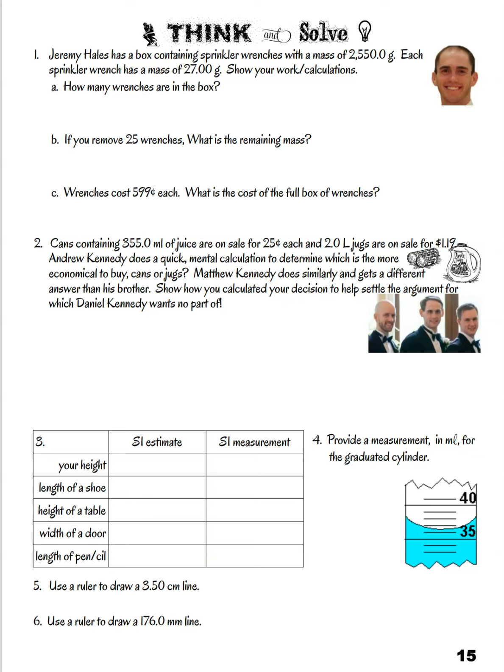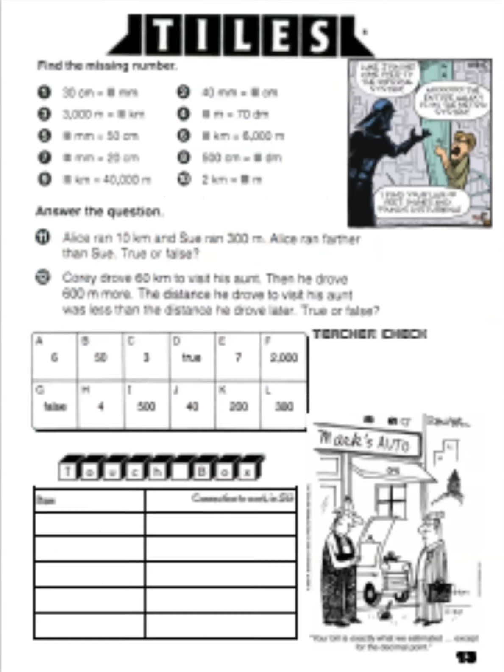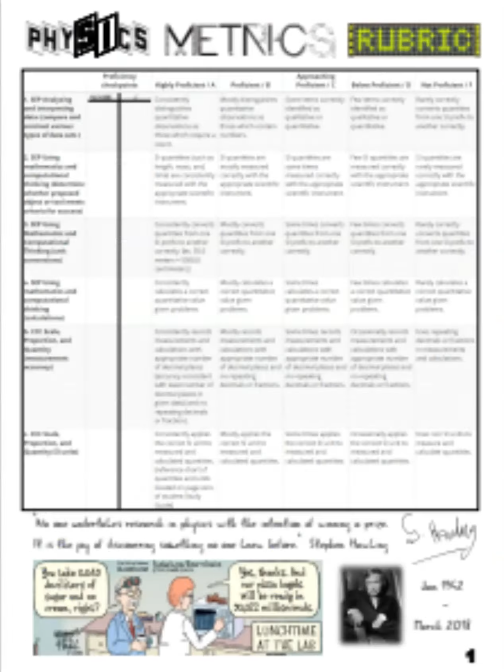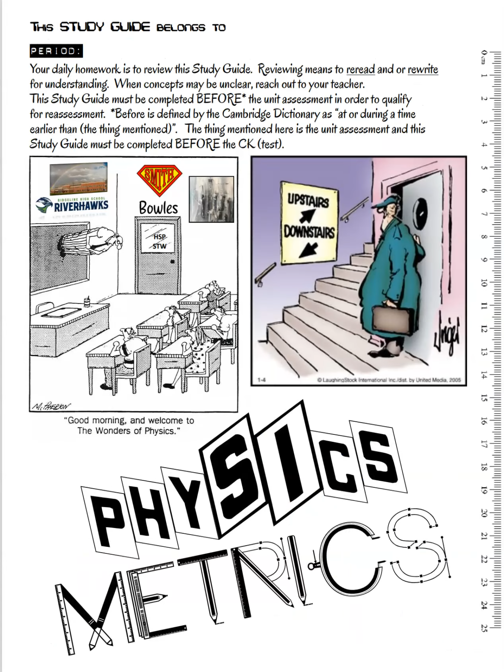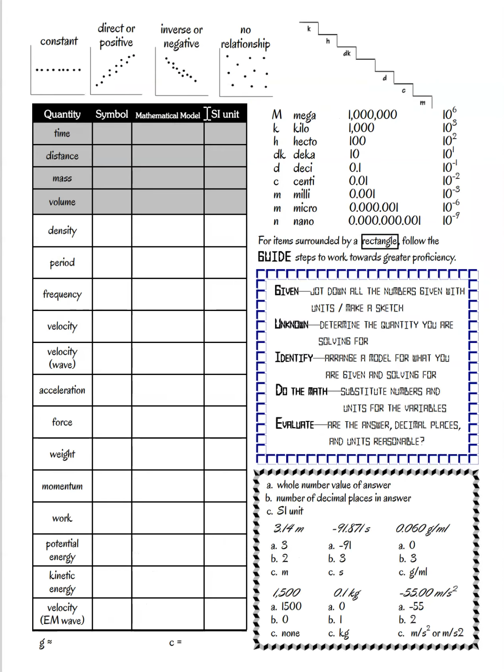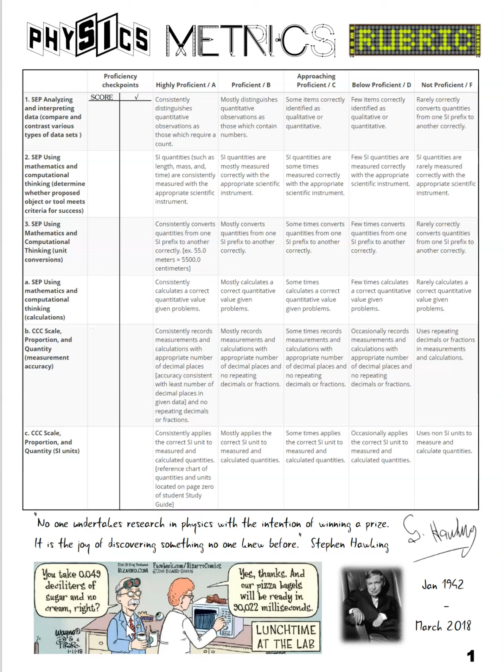Every single study guide has the same structure. You have your Think and Solves at the end of the study guide, and you will always start the study guide the same, with the cover, the reminder to keep your focus on completing the study guide to do as well as you can. You will always have the page 0, which will get more and more information added throughout your study guides in A and B. You will always have the rubric on page 1.